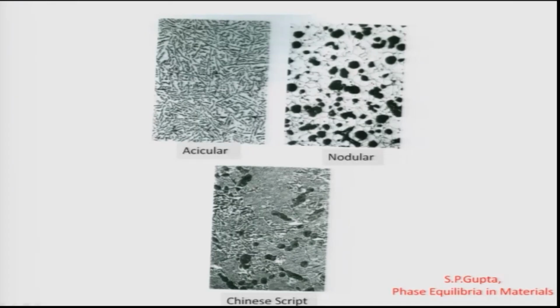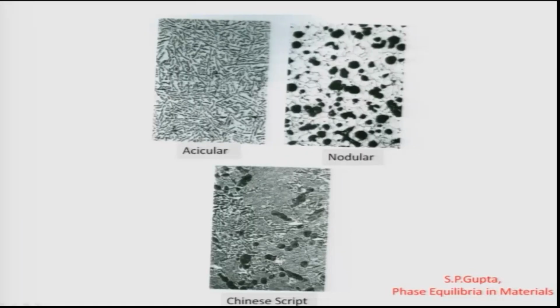It can also be pearlitic type, but the important aspect is that the eutectic reaction happened at high temperature and led to formation of these globular or nodular graphite in a gamma iron matrix.